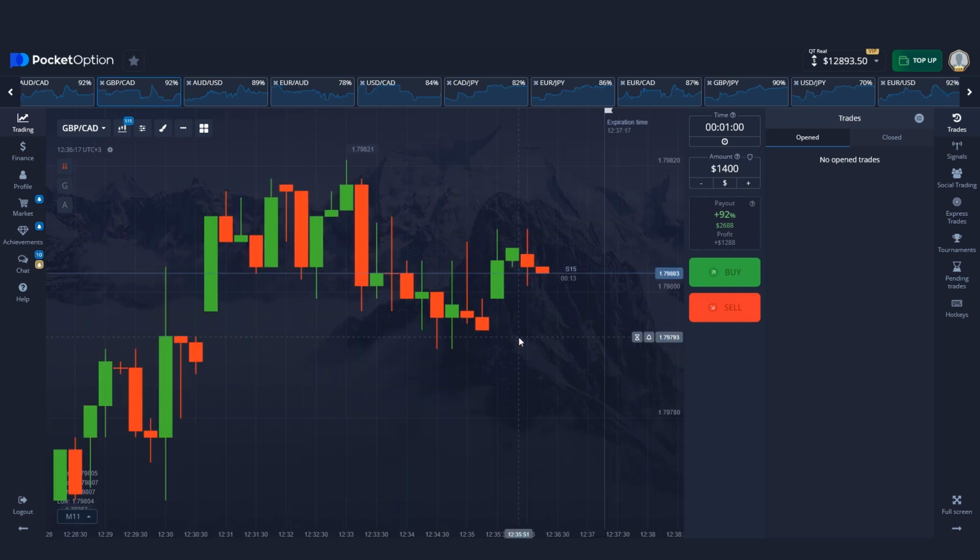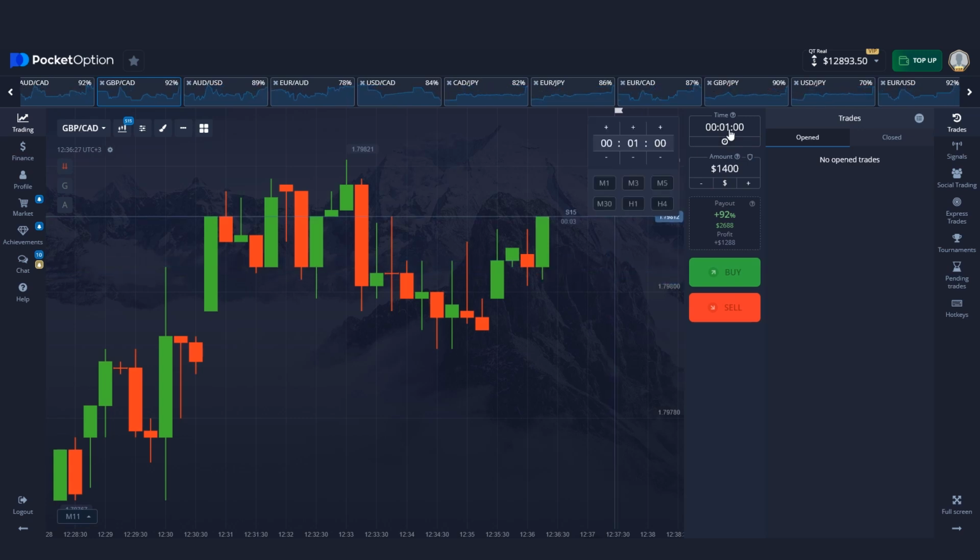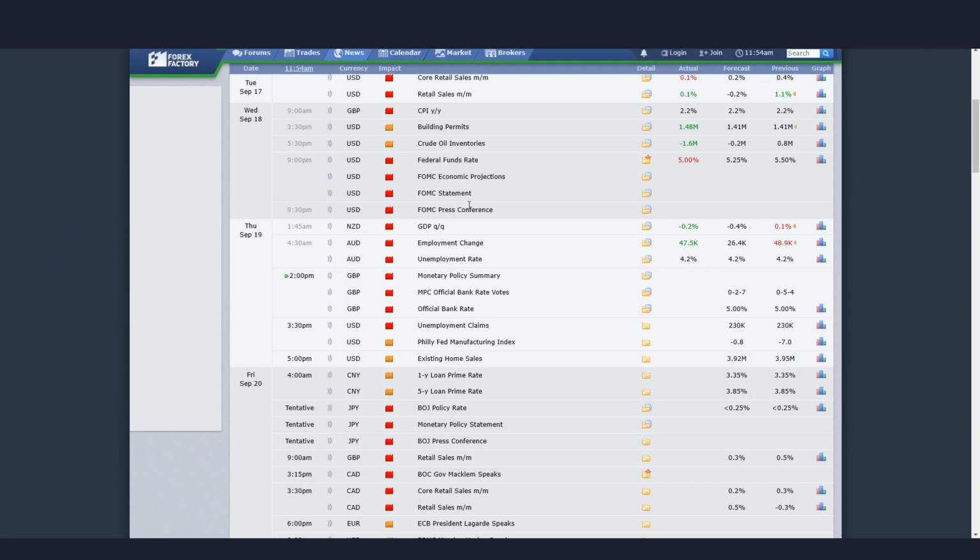Not bad. As you can see, the increased volatility shows itself very well at 1 minute of expiration, or in other words, 1 minute per trade. But if you want to trade exactly the news itself, then keep the full guide. Before the release of the news itself, that is, if you have the news at 2 o'clock, you need to open a deal at 1:57:30.